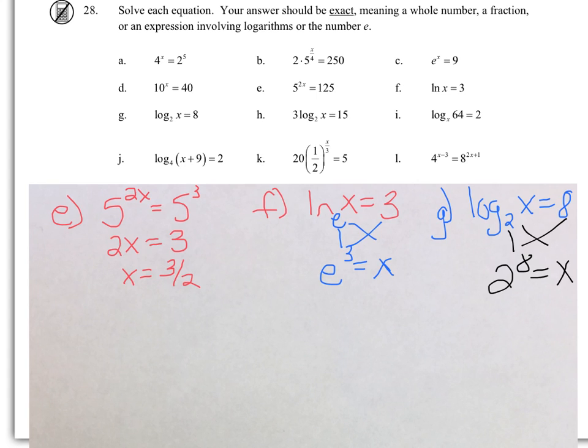We can multiply out 2 to the eighth. That's 256. So either answer is appropriate for G. For H, before we can change it to exponential form, we have to divide both sides by 3. Now it's 2 to the fifth is x, and that's 32.